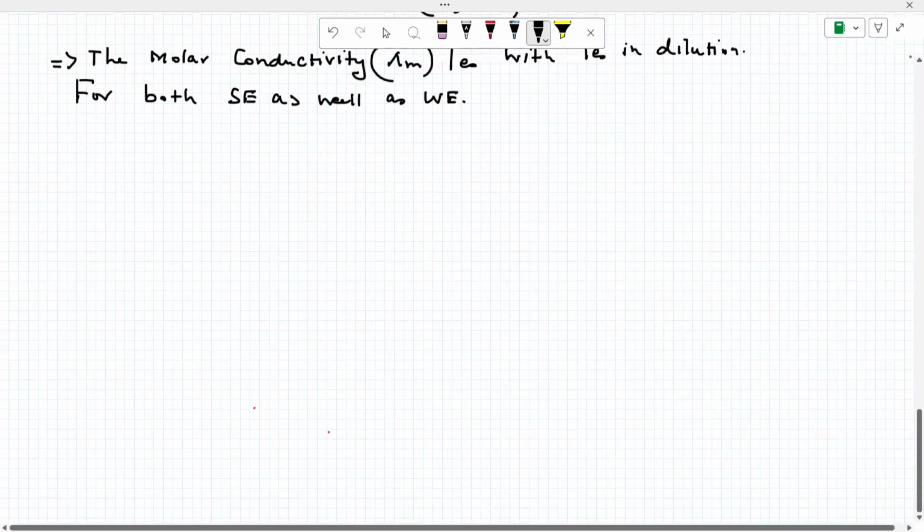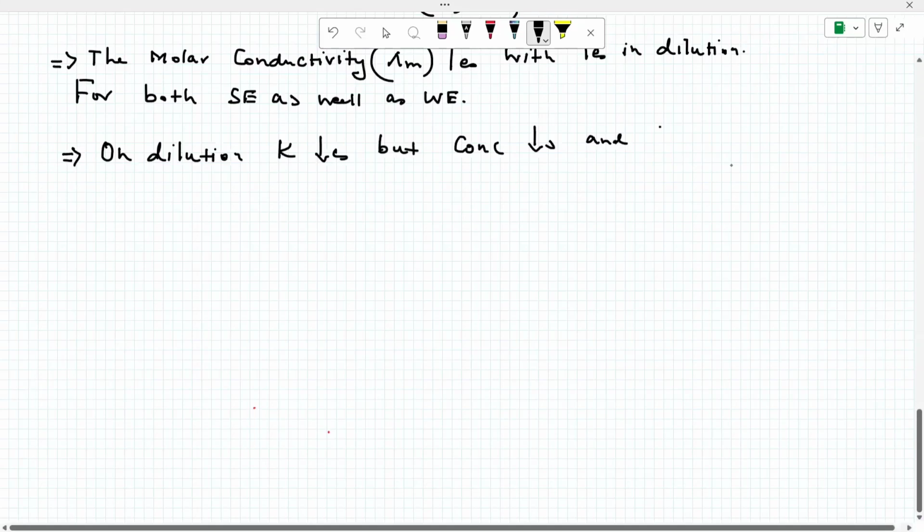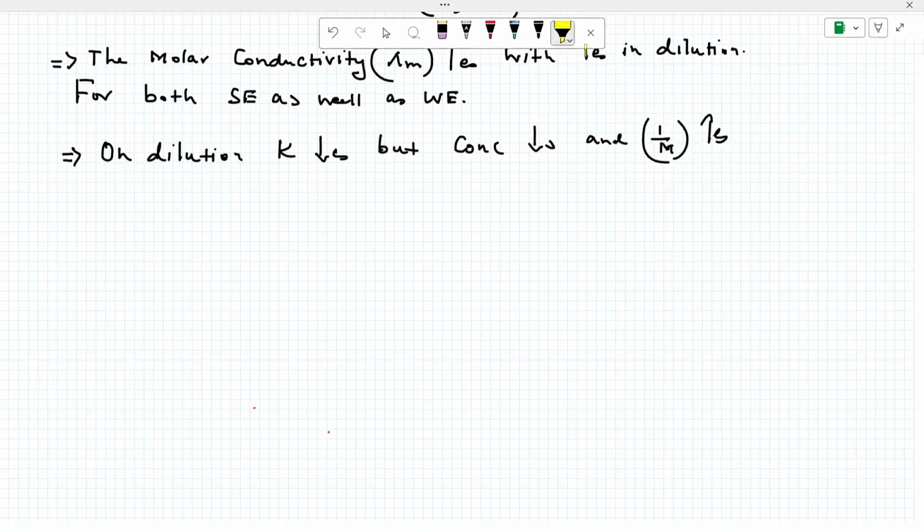Now, I will give the statement of the point. On dilution, the K value decreases, yes or no? But the concentration also decreases. And the 1 by m value increases. Very important, 1 by m versus K value.